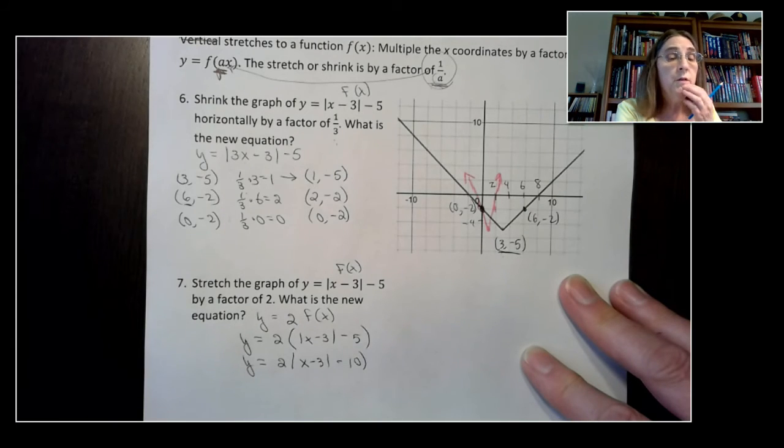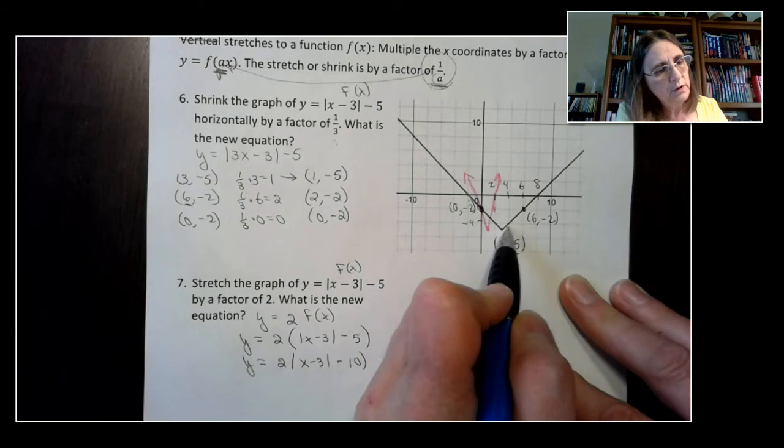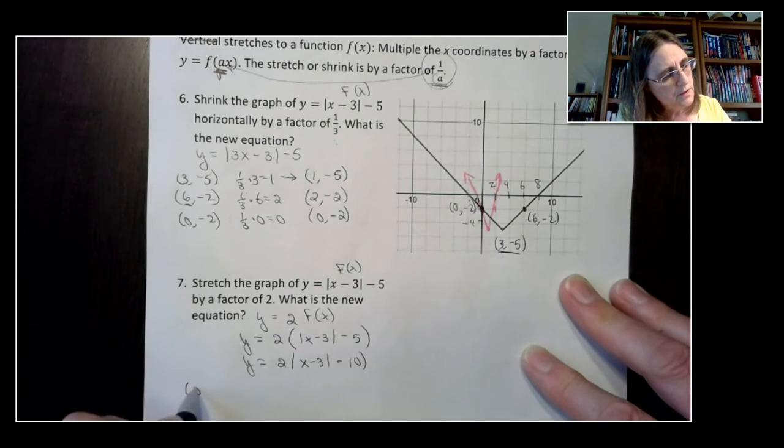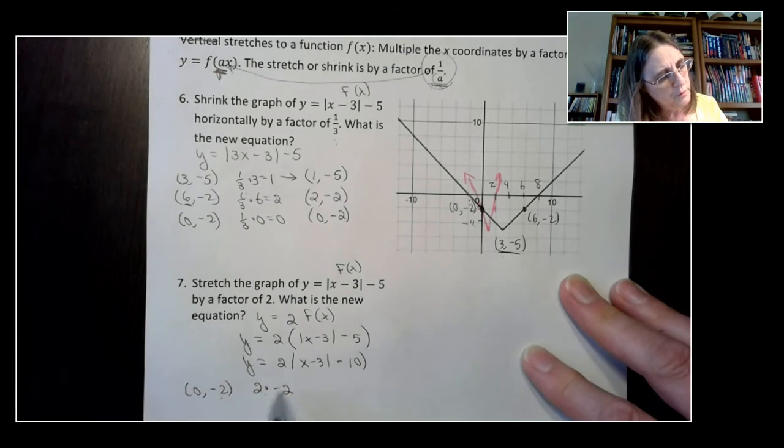I'm going to take all of the y coordinates and multiply them by 2. So let's take these 3 original points, which were on our original function. 0, negative 2. Take the y coordinate of negative 2 and multiply it by 2, and that gives us our new y coordinate. Our next point, for our new vertex, take the y coordinate of negative 5 and multiply it by 2.